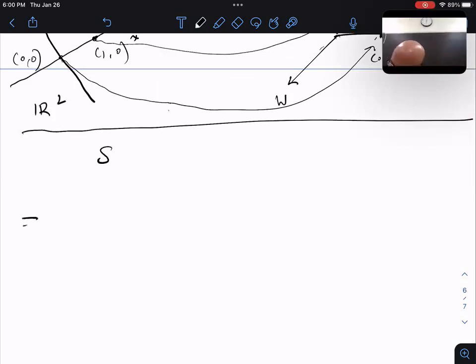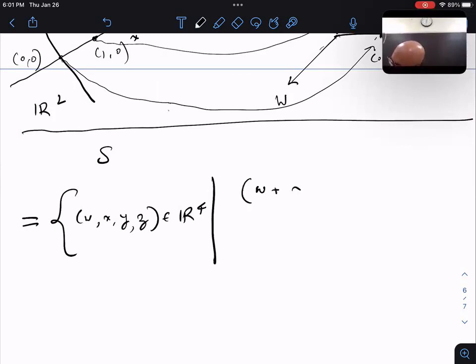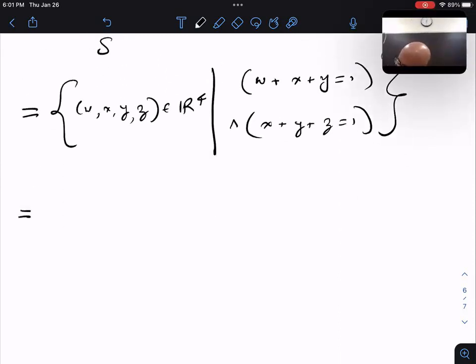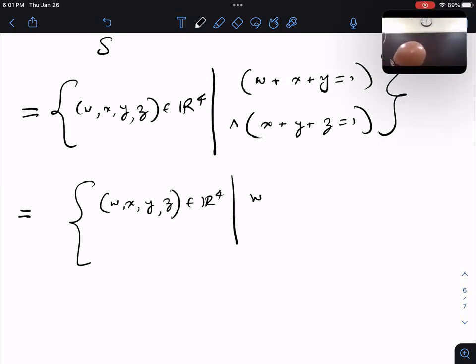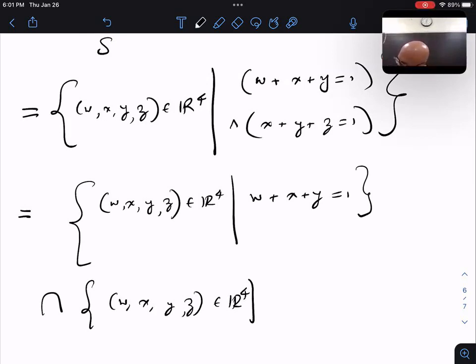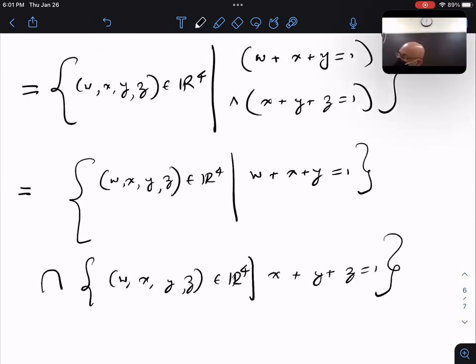S is equal to {(W, X, Y, Z) in R4 such that W plus X plus Y is equal to 1 and X plus Y plus Z is equal to 1}, which is an intersection of 2 3-flats: {(W, X, Y, Z) in R4 such that W plus X plus Y is equal to 1} intersect {(W, X, Y, Z) in R4 such that X plus Y plus Z is equal to 1}. Right? This is 'and', so that becomes an intersection.